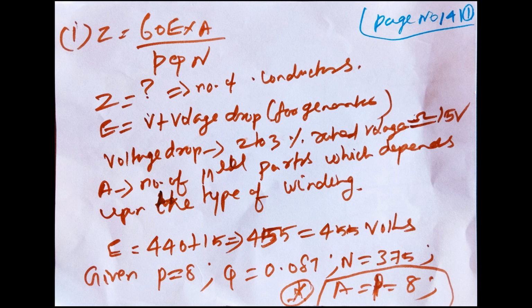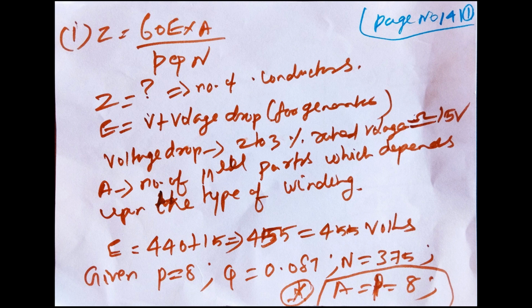Given values: P poles is equal to 8, phi flux per pole is equal to 0.087, N speed is equal to 375 rpm. A value is the number of parallel paths, which depends upon the type of winding. A is equal to P for lap winding. That is very important.